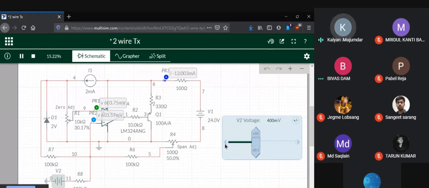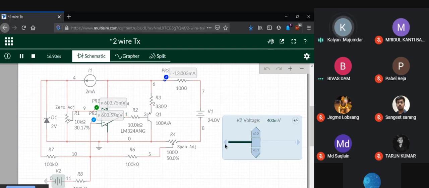At 400 millivolts, the output current is 12.00203. 4 is 0% and 20 milliamperes is 100%, so 50% output is 12 milliamperes. At 400 millivolts, what is expected is 12 milliamperes, and what we're getting is 12.0203.